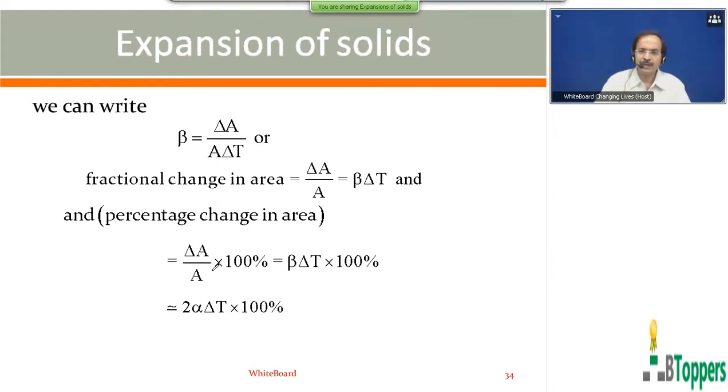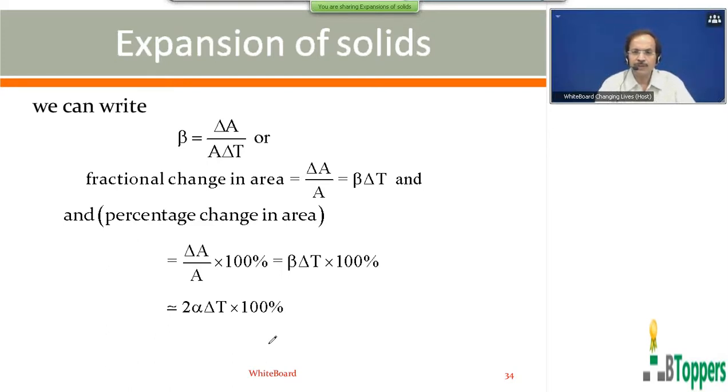That means percentage change in the area of a solid is almost 2 times the percentage change in the length of the solid, or percentage change in the area is 2 times the percentage change in the linear dimension. The percentage change in the area also does not depend on the initial area. It depends only on change in temperature and the value of the coefficient of expansion.